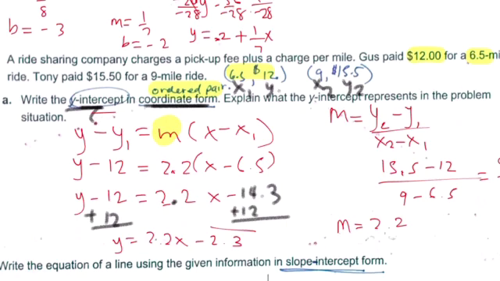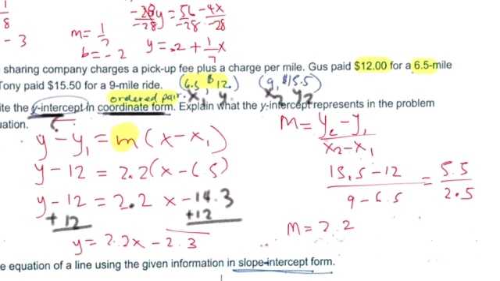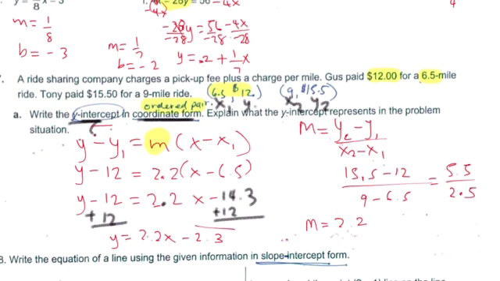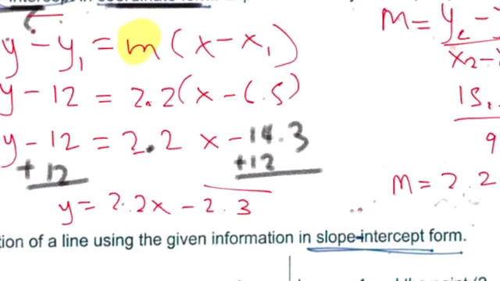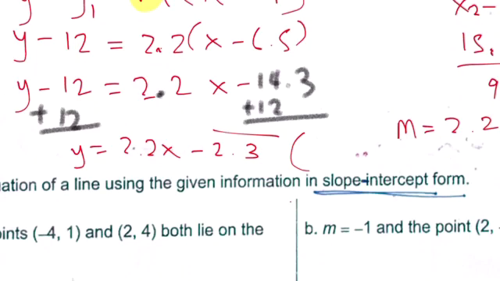I may have given you the wrong numbers, or I may have subtracted wrong. It doesn't look like it, but the y-intercept should not have been negative. Okay, the y-intercept is (0, negative 2.3).